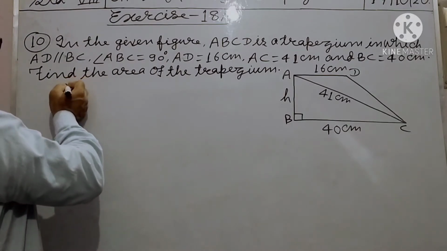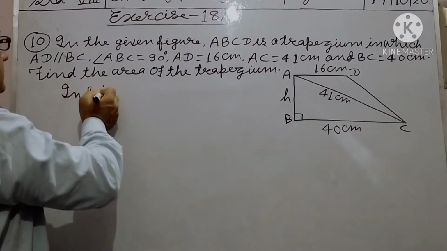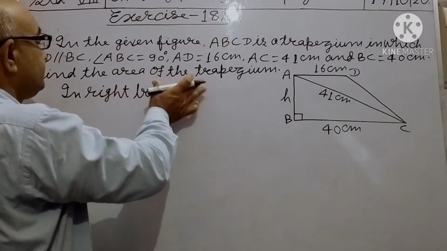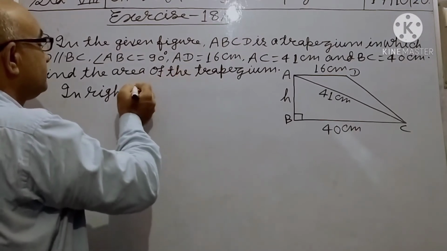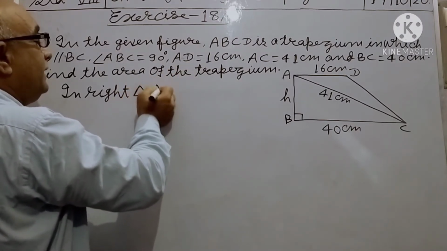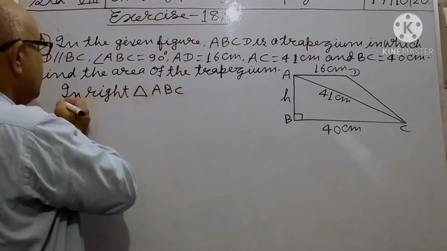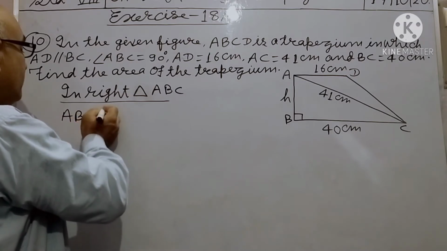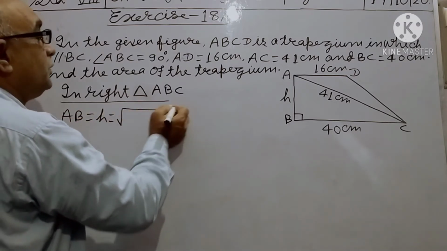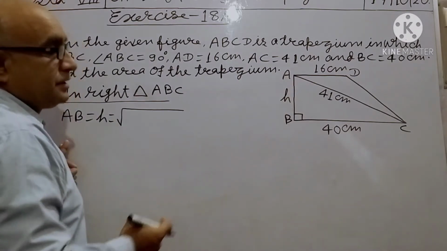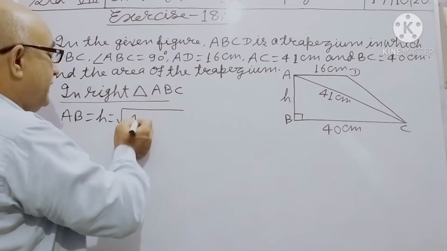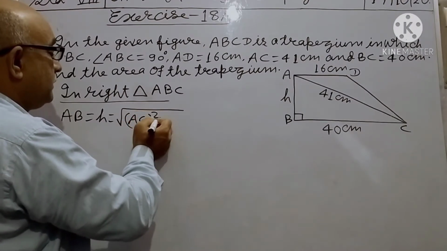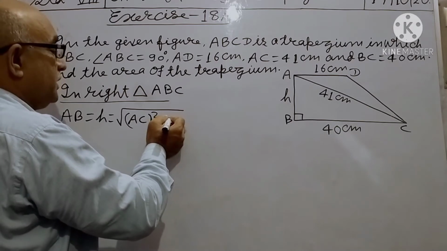So in right triangle ABC, by Pythagoras theorem, AB equals h equals under root AC square minus BC square, since AC is the hypotenuse, the longest side.